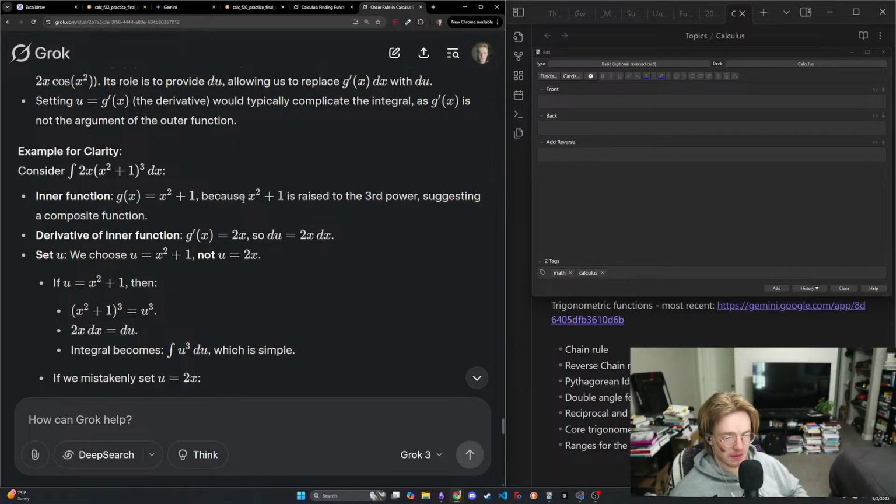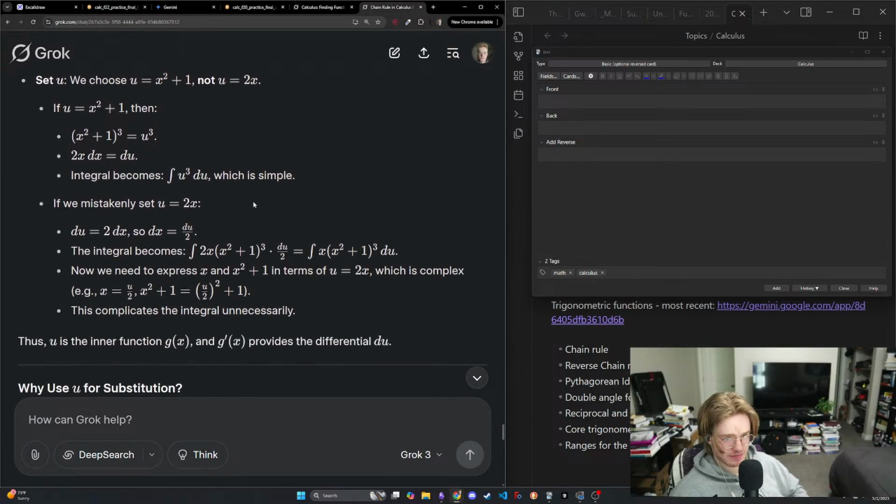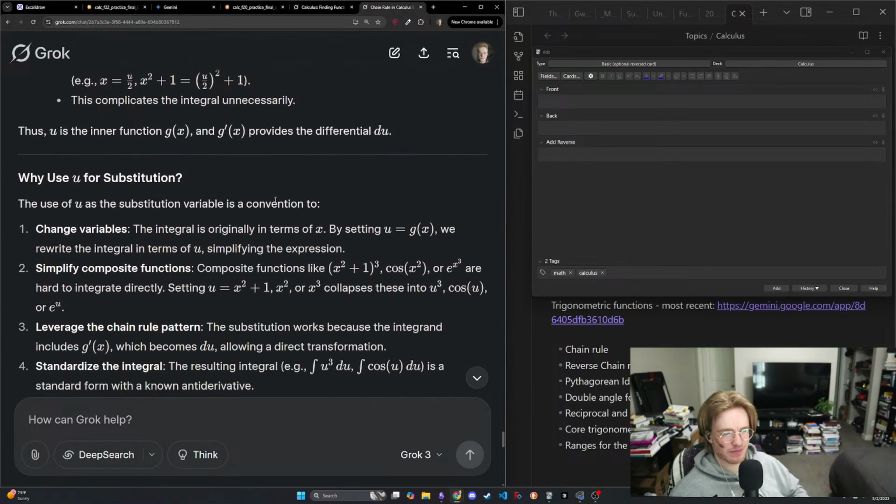That's fine. Not the derivative of it. If u equals x squared plus 1, then the integral becomes simple. If we mistakenly set u to the derivative, it doesn't work. Thus, u is the inner function and its derivative provides the differential du.